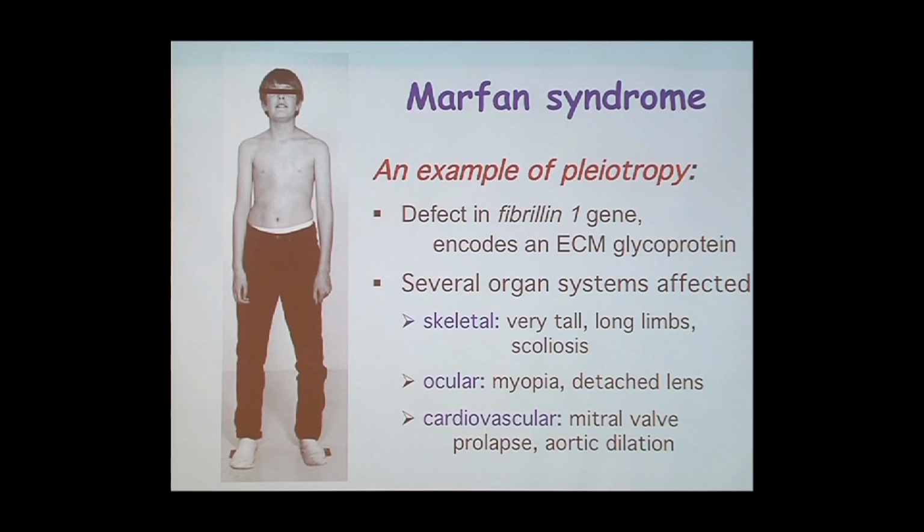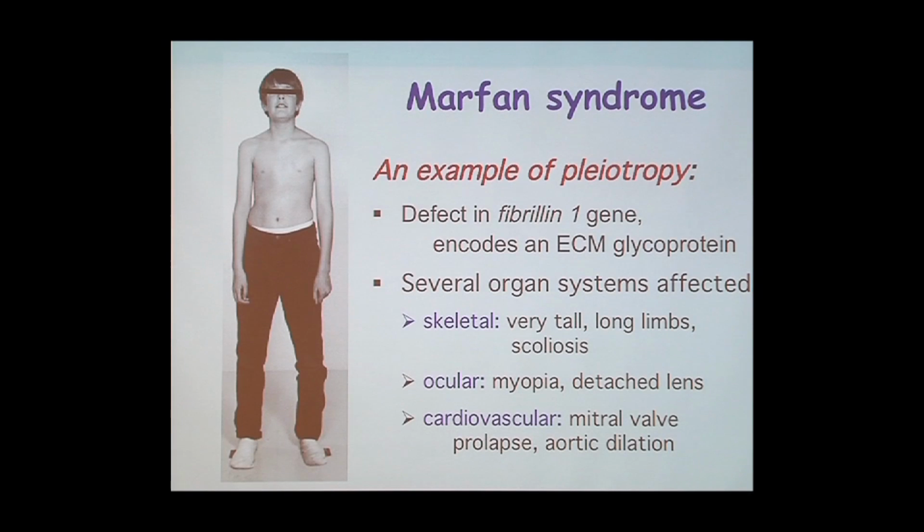Now, to show you pleiotropy, I have an example here of Marfan syndrome. Marfan syndrome is due to a defect in the fibrillin gene. This is a gene that makes a protein that's in the extracellular matrix, so it's in the matrix around cells, and it plays a structural role in the body. People with Marfan syndrome have skeletal problems. They are very tall and have long bones and a curved back, problems with their spine.